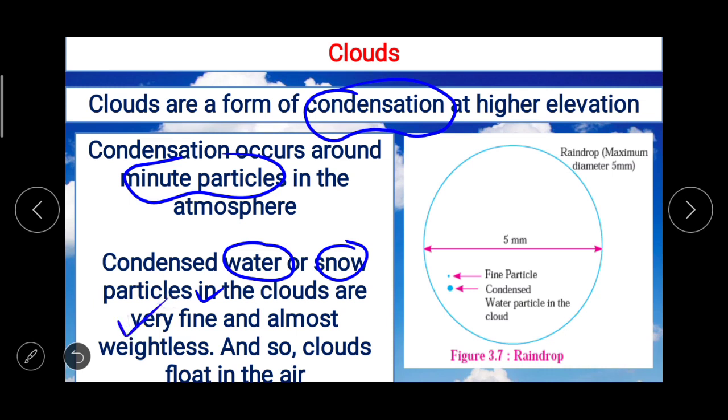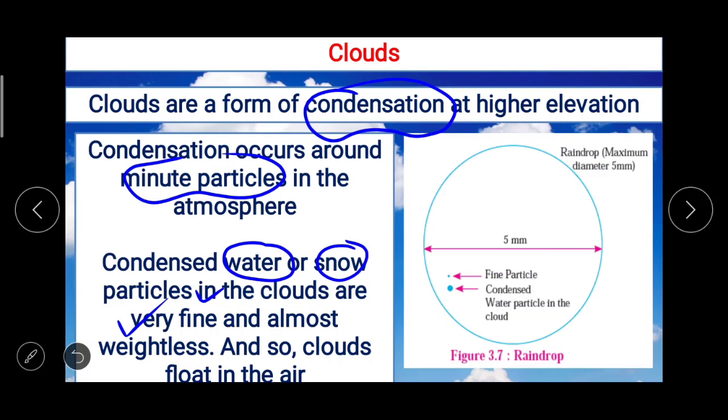उनका कोई वजन नहीं होता है, near about, and so clouds float in the air. जब भी हम आसमान में देखते हैं तो बहुत बार हमें ऐसे लगता है कि क्लाउड्स मूव हो रहे हैं, एक जगह से दूसरी जगह जा रहे हैं. Why does this happen? Because condensed water or snow particles in the clouds are very fine and almost weightless, and that's why clouds float in the air.